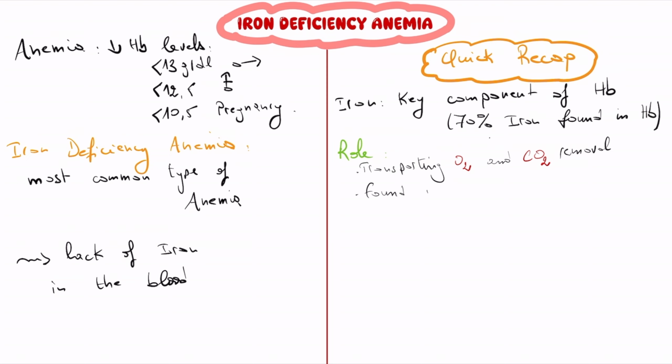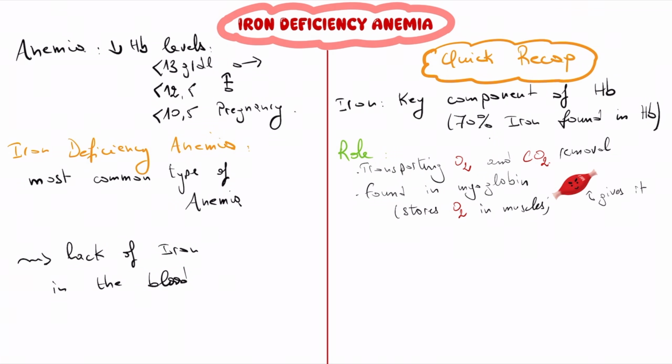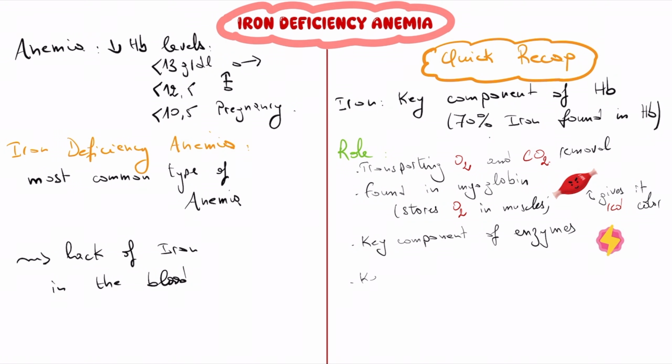It's also found in myoglobin as it stores oxygen in the muscles and gives the muscle its red color. It's a key component in enzymes as it's vital for energy. It's also vital for the functioning of the immune system.